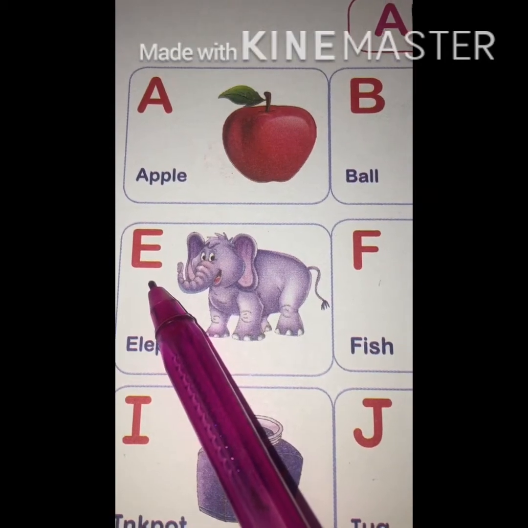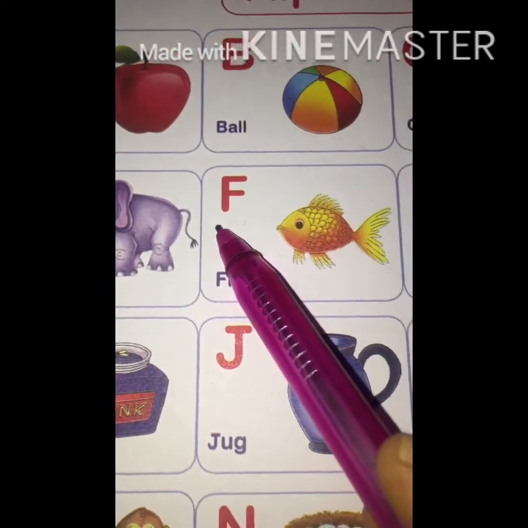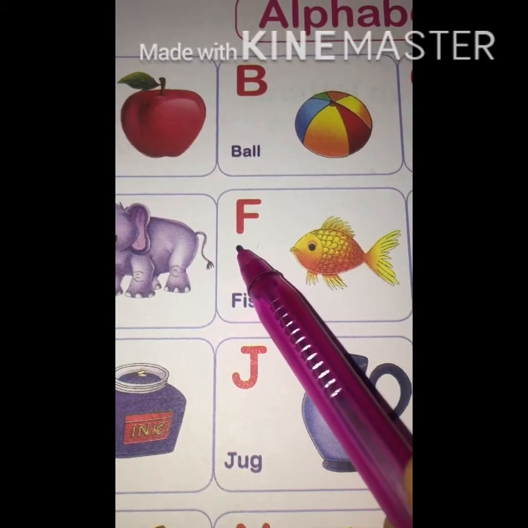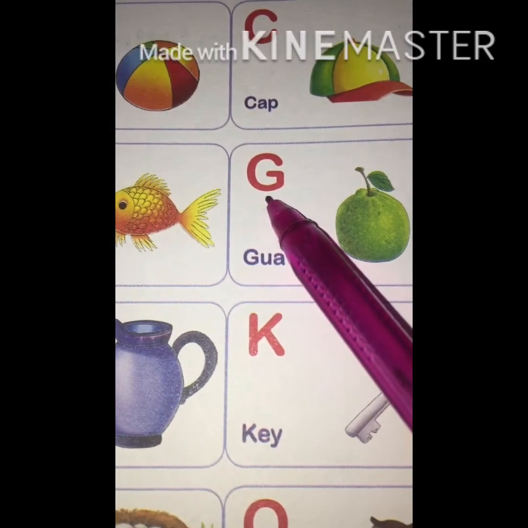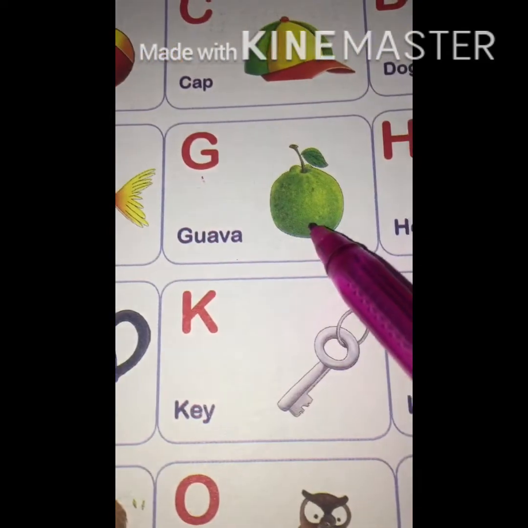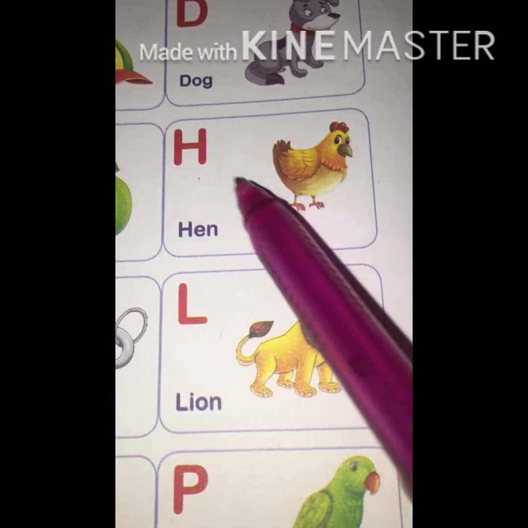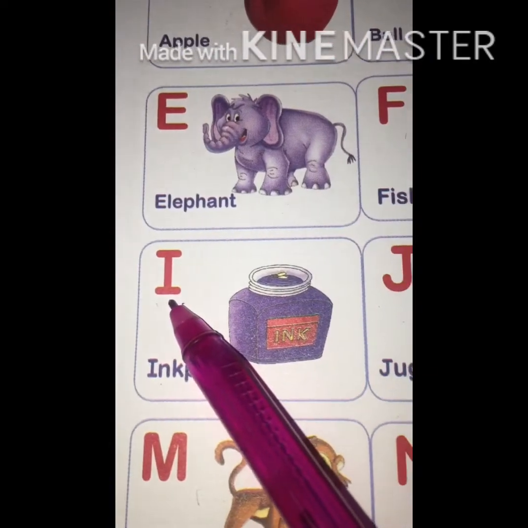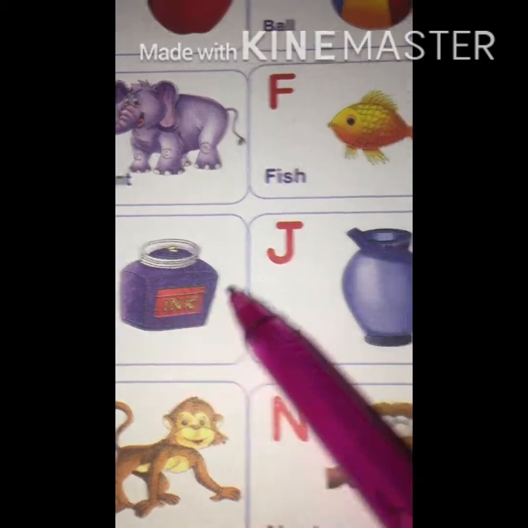E says elephant. F says F for fish. G says guava. H says hen. I says ink pot.